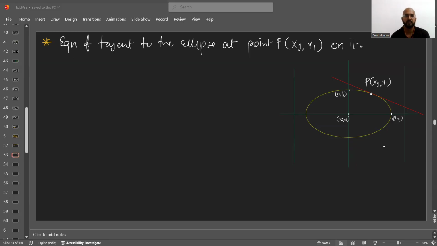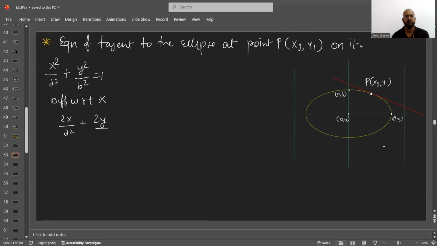So we just need the slope here first. I have x square over a square plus y square over b square is equal to 1. Now I'll differentiate this with respect to x. So I get 2x over a square plus 2y over b square into dy by dx is equal to 0. So 2y over b square dy over dx is equal to minus 2x over a square.